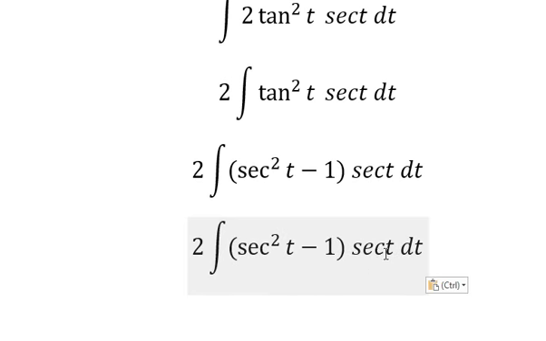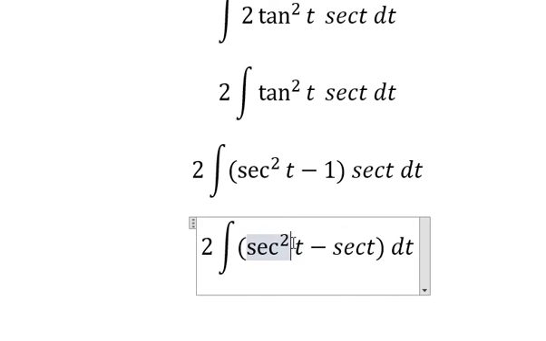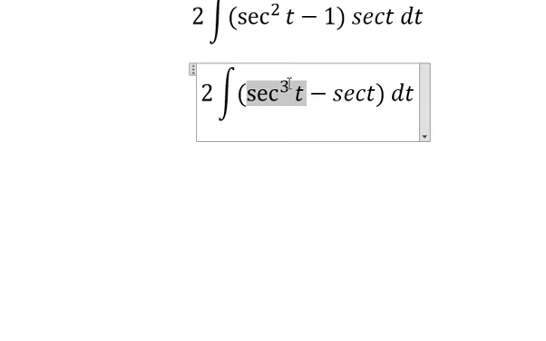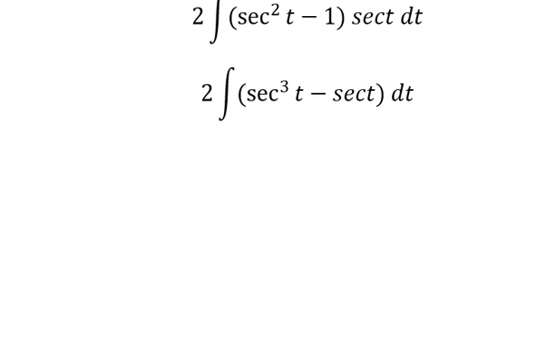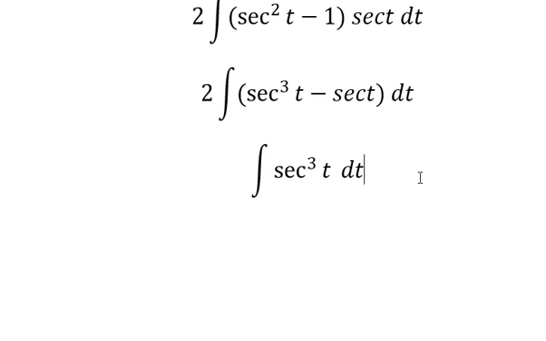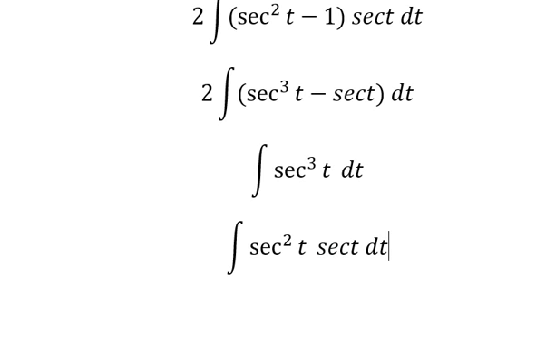So we have secant t multiplied by secant squared t minus 1. Now I will concentrate on this one only. This one we have secant squared t multiplied by secant t.